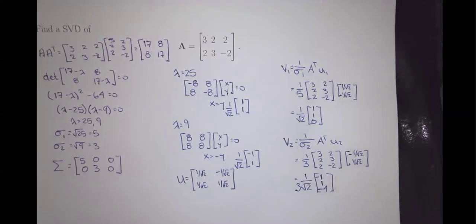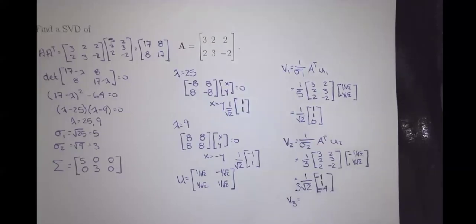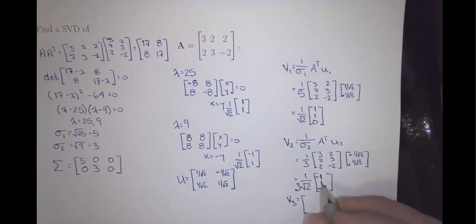We need to find a third vector, V3, that's orthogonal to V1 and V2. So one that we might try is minus 2/3, 2/3, and 1/3.